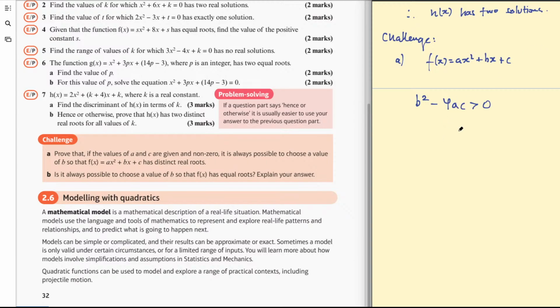Remember, we're given values of a and c, so we could have a multiplied by c equal to a positive number, or a multiplied by c equal to a negative number.